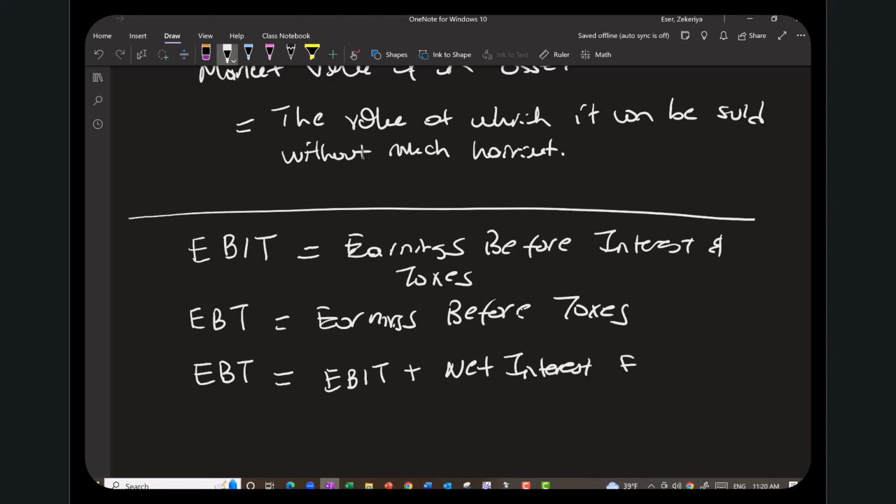Suppose you had overall $10 million in net interest expense. EBIT is before interest and taxes. So EBT says, okay, put the interest back on. But since that's an expense, that's going to be a minus.